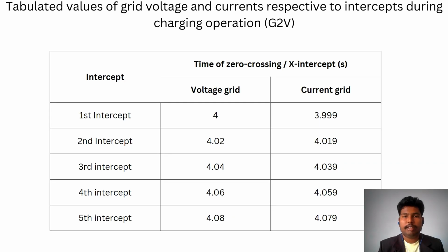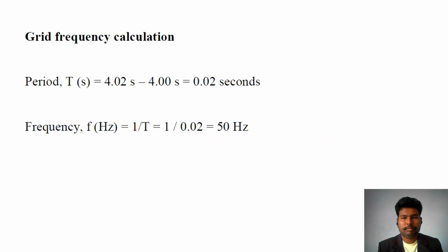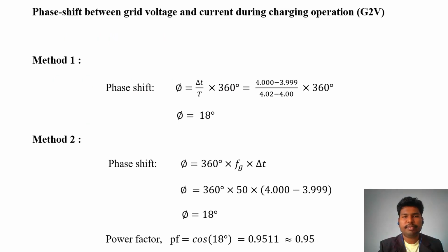Now we have tabulated the grid voltage and current respective to intercept during the charging operation, using the zero crossing method, or the x-intercept on the axis of the waveform. From here, we justify by calculation that the grid frequency is operating at 50 Hz using this formula. This is the calculation for measuring the phase shifting, which is 18 degrees with a power factor of 0.95.